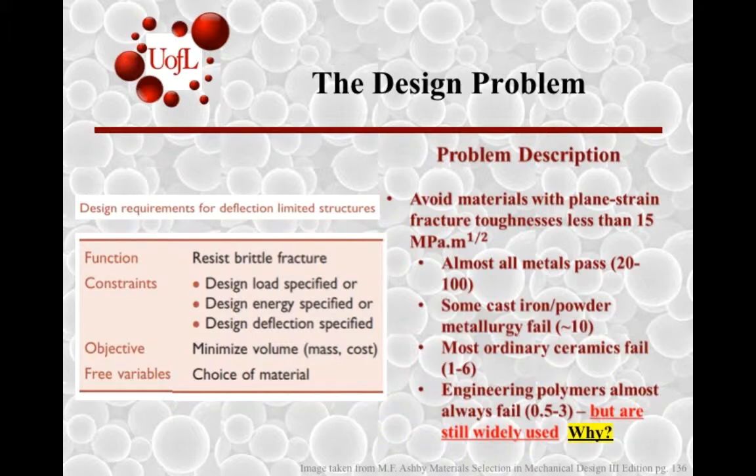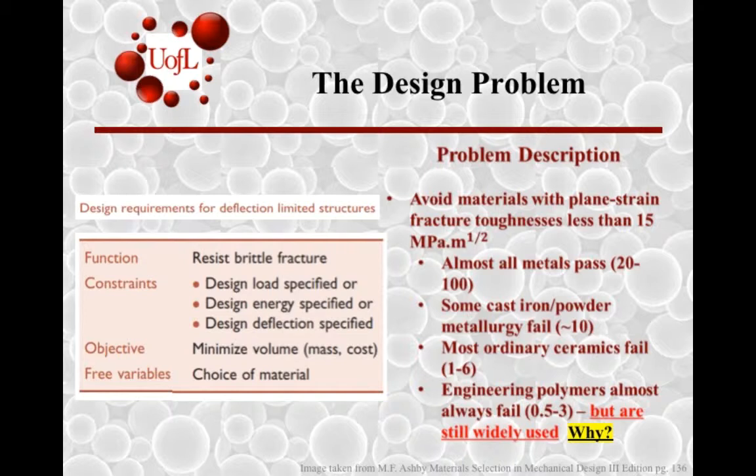So a little bit of background of the problem. Generally, when considering different constraints for designs, you have design load specified, design energy specified, or design deflection specified. The big thing is people generally don't think of the energy or the deflection limitations. Normally, as a rule of thumb, when engineers are designing some type of problem, they look at load design specifications.